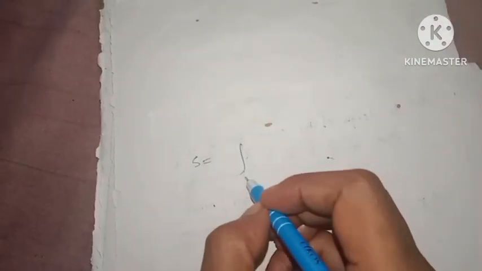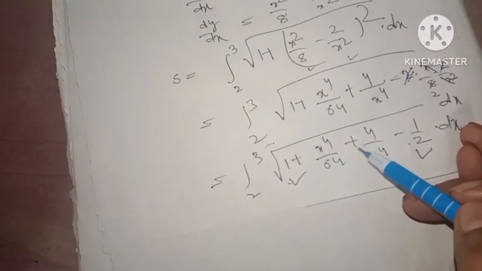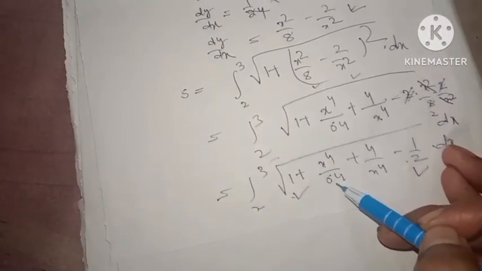So remaining will be s equal to integration from 2 to 3, 1 minus 1 by 2 is 1 by 2, then x to the power 4 by 64 plus 4 by x to the power 4.